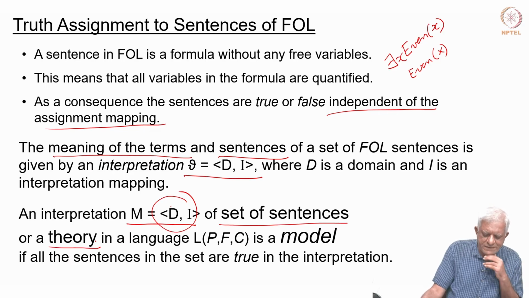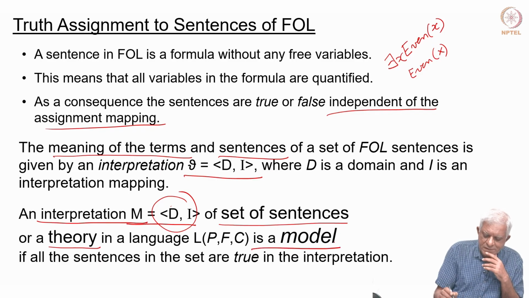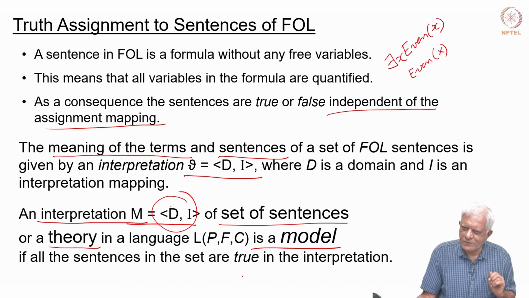In exactly the same sense, we say that for a set of sentences, which we will call a theory, in the language that we have chosen, an interpretation M is a model if all the sentences in the set are true in that interpretation. So, at the surface level, when you read this, it is similar to what we said in propositional logic. We said that an interpretation, in which case that was an assignment, is a model if all the sentences in our knowledge base become true essentially.